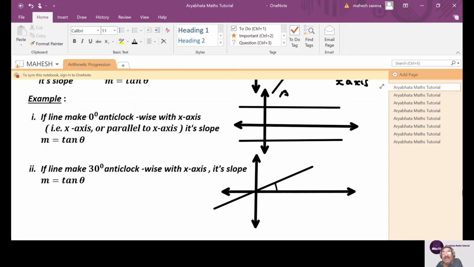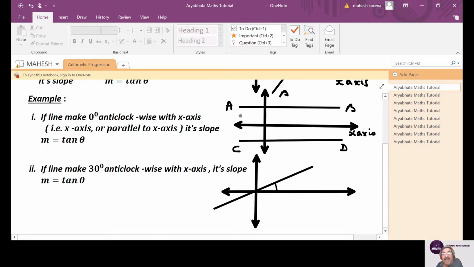Now, we take an example. Suppose AB and CD are the lines which are parallel to the x-axis. Since these two lines are parallel to the x-axis, these lines make 0 degrees with the x-axis.